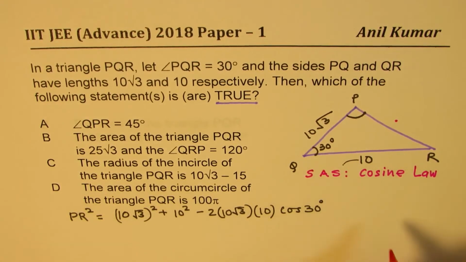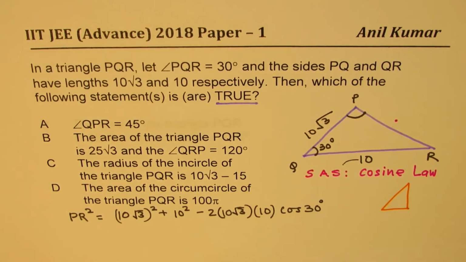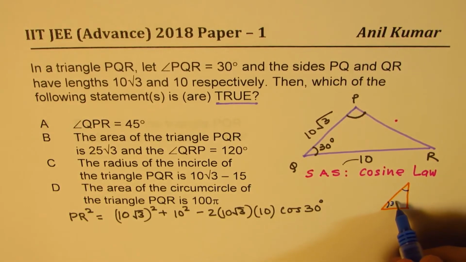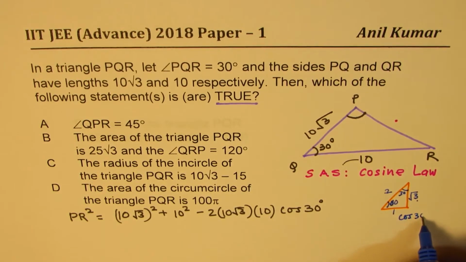Now cos of 30, let's make our special triangle. So 30 degrees, 60 degrees, with sides 1, 2, and square root 3. So cos of 30 degrees is square root 3 over 2. Correct?